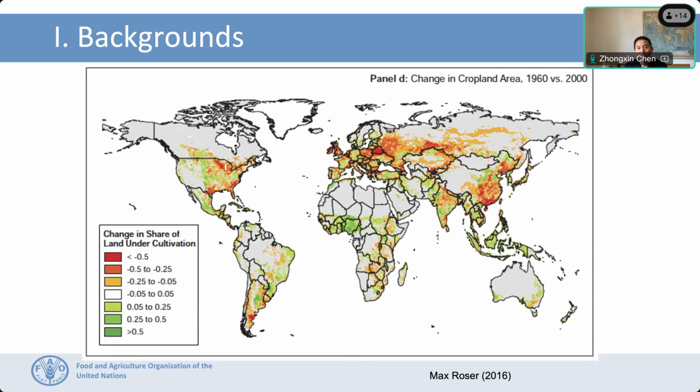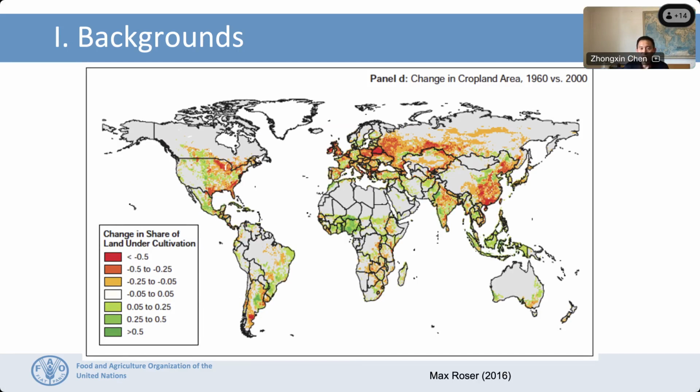Okay, first, agriculture is really important. It is a foundation for society and for economic and social prosperity, but it also brings impact on our environment. According to various studies, roughly half of the land surface has been or is still used for agriculture.